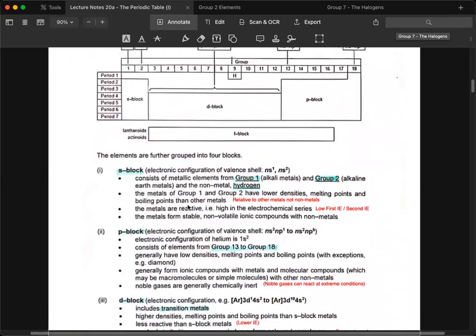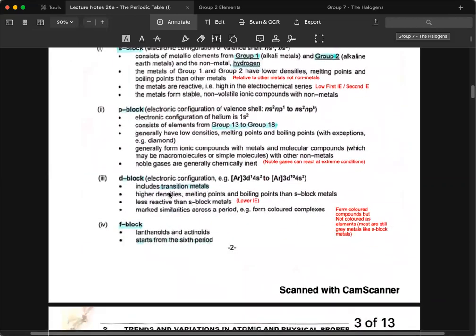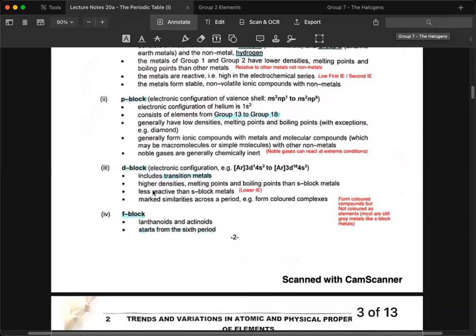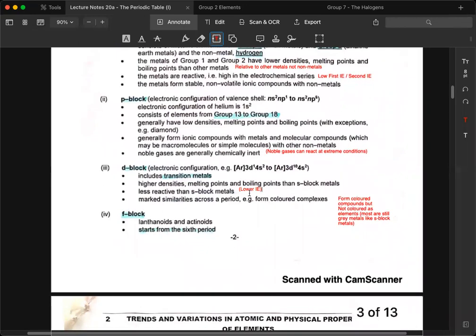For D block elements, they are the transition metals, all the way from 3d1 4s2 to 3d10 4s2. All right, so they are of higher density, higher melting point and boiling point compared to the S block metals. They are definitely less reactive, which means they have higher IE actually.